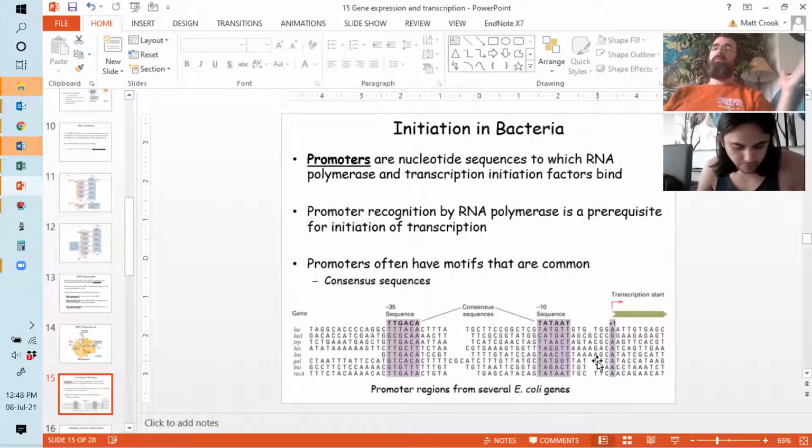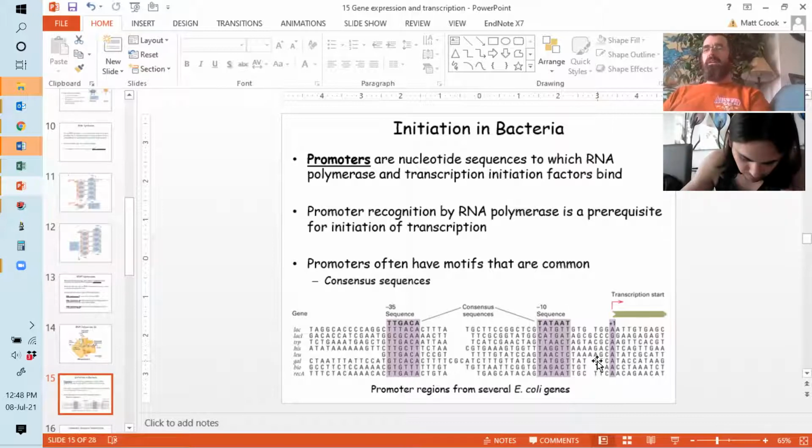It's responsible for the binding of RNA polymerases, transcription factors, and anything else that is necessary to begin transcription. So these can be very small, particularly in bacteria. They can also be huge in eukaryotes, depending on the complexity of the control of transcription. And they will always end with this little red arrow, or it's just going to be an arrow of some sort, that denotes the start of transcription.